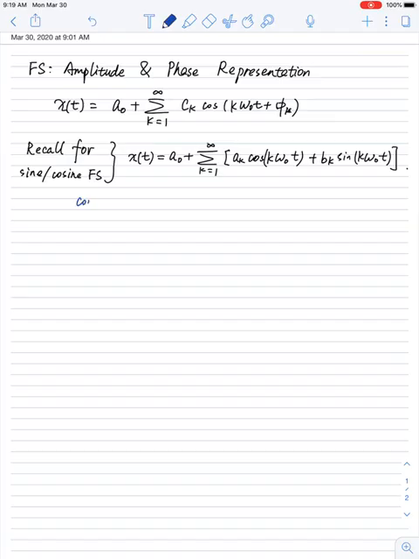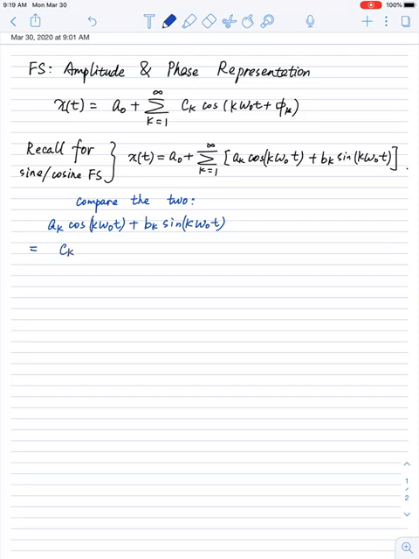Because of this equivalence, we can simply compare these two representations and obtain the following result. So we can get ak cosine k omega 0 t plus bk sine k omega 0 t.